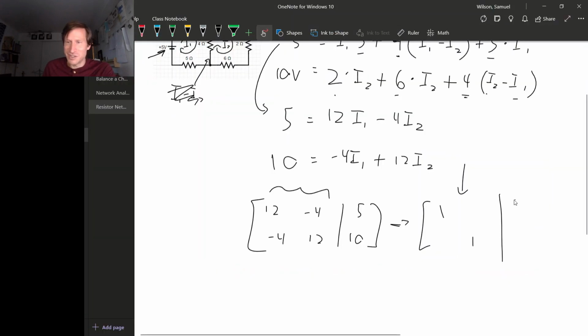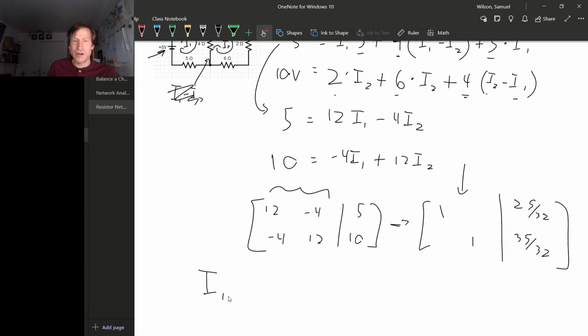And that unique solution is 25/32 and 35/32. All right, so the current around loop 1 is 25 over 32, and the current around loop 2 is 35 over 32.